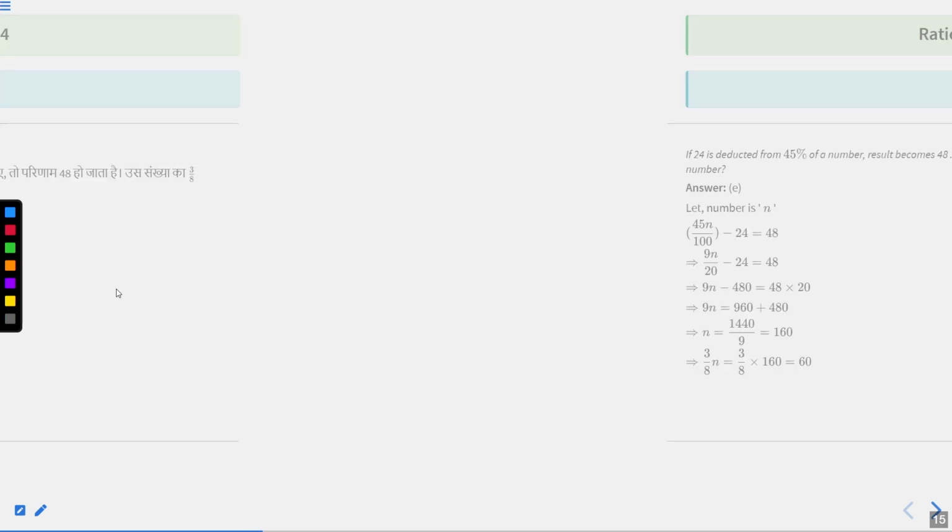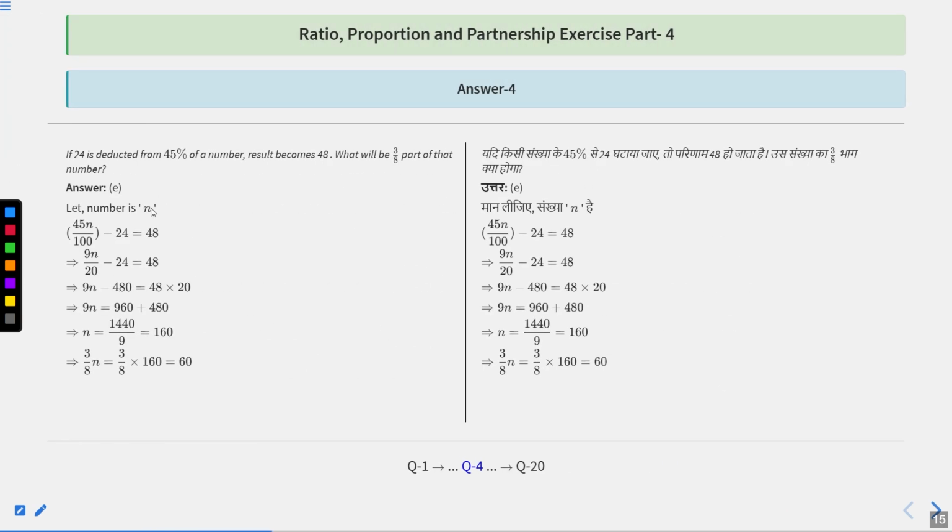Now time's up. Let's see the solution. Let the number be n. Okay. According to the question, when 24 is subtracted from 45% of the number, it equals 48. So we can write it as 45% of n, which is 45n upon 100, minus 24 is equal to 48.